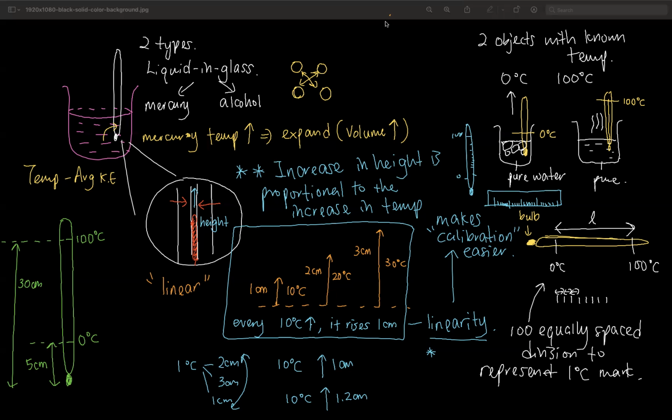And then they ask you, find what is the temperature when the mercury is at, say, 20 cm from the bulb.